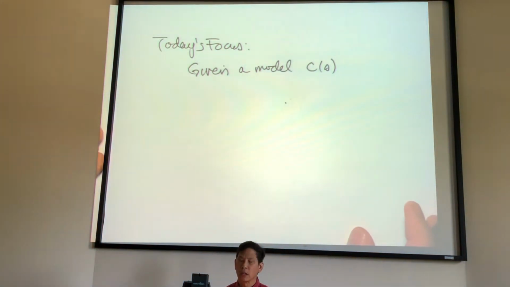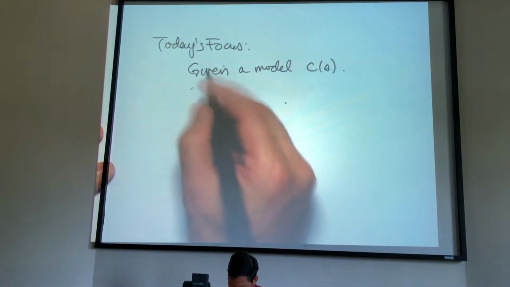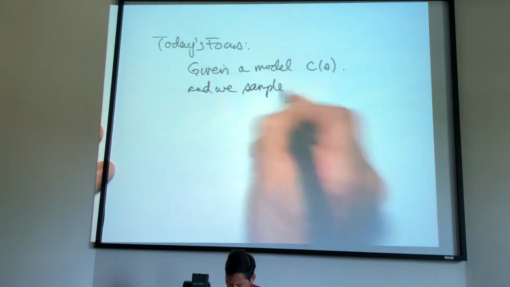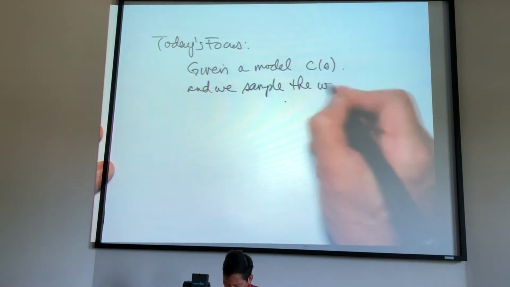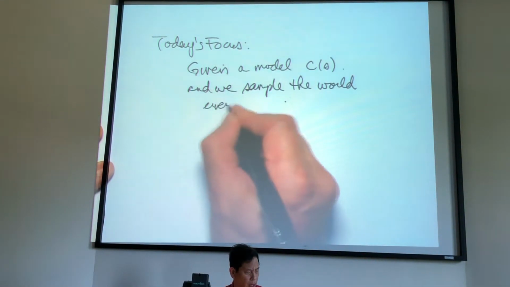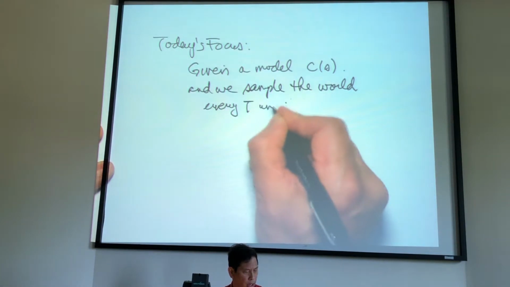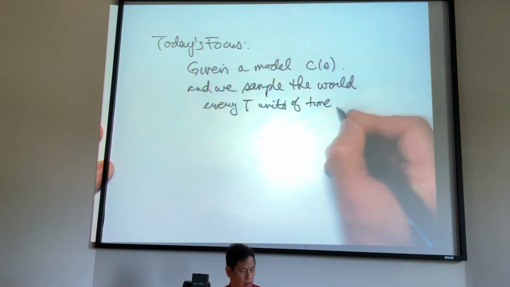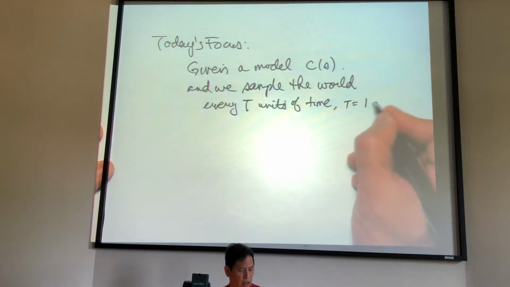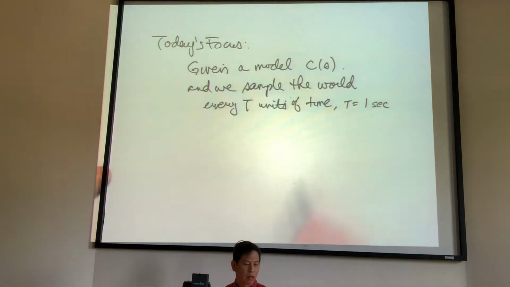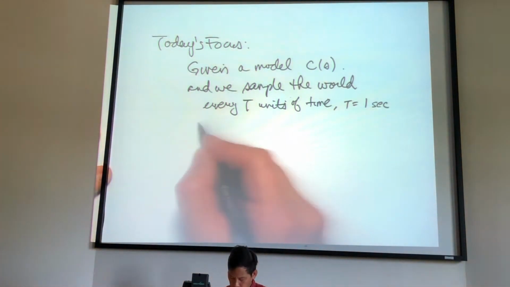Suppose we're given a model C of S, and we sample the world every T units of time. For example, T equal to once per second. Once a second, I'll look at the road. I have a model, and I decide to sample the world.